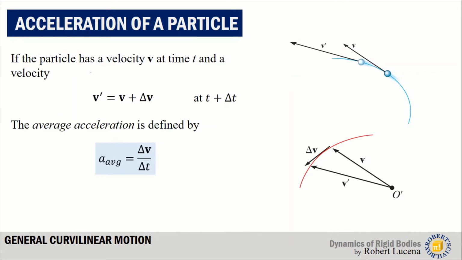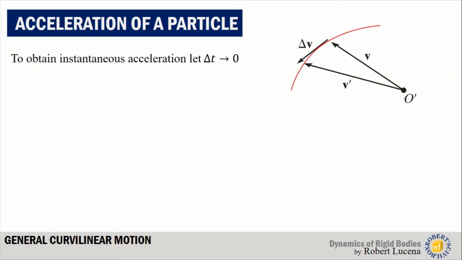If your average acceleration is delta v over delta t, we let delta t approach 0, so we have a very, very small time of observation. Then the acceleration vector is defined as the derivative of the velocity vector over differential time.